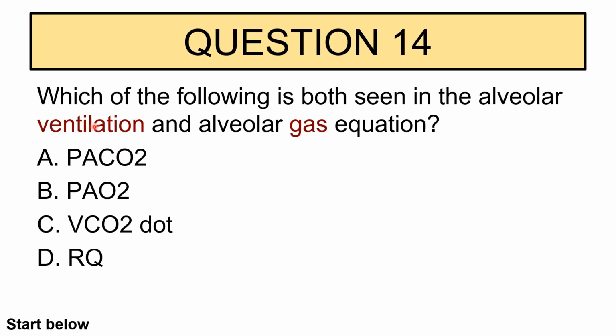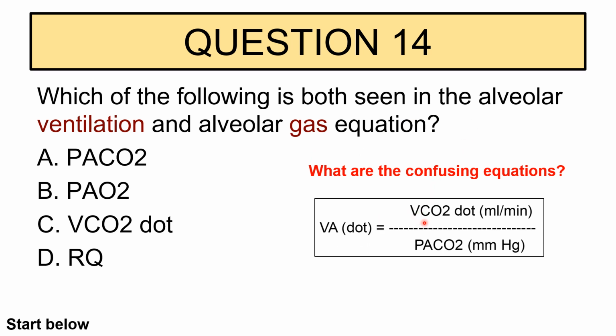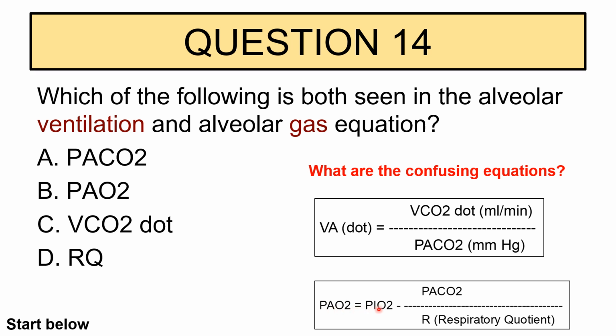So, which of the following is both seen in alveolar ventilation and alveolar gas equation? What are the two confusing equations? One is the alveolar ventilation equation, so VA dot is equal to VCO2 over PaCO2. And the other one is the alveolar gas equation. So, what's the main variable? It is the O2 tension in the alveoli, which is equal to the PiO2 minus the quotient of alveolar carbon dioxide over respiratory quotient.